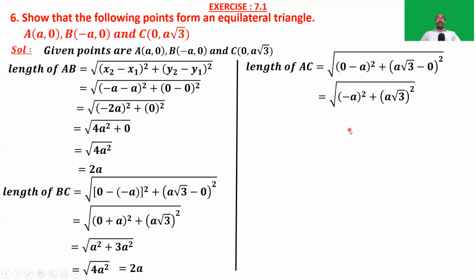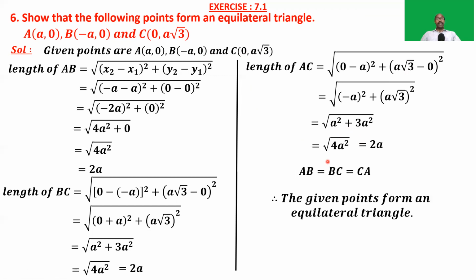So we get that the side AC is also equal to 2a. So now we have AB = BC = CA, so the given triangle is an equilateral triangle. That is, points A, B, and C form an equilateral triangle.